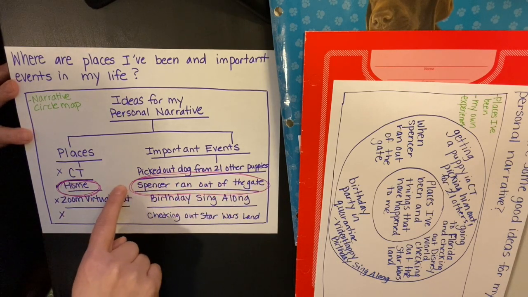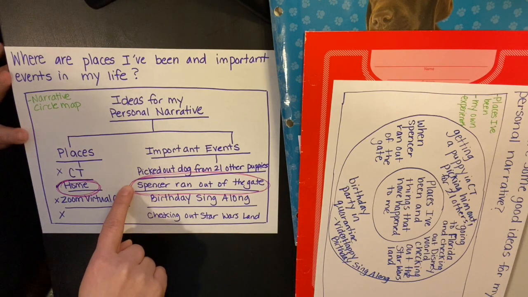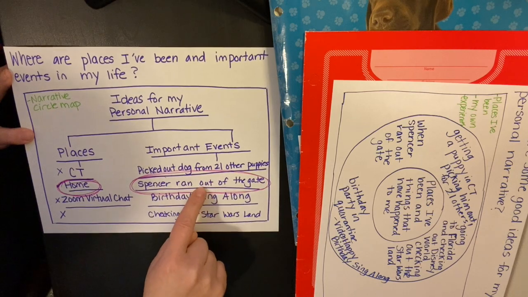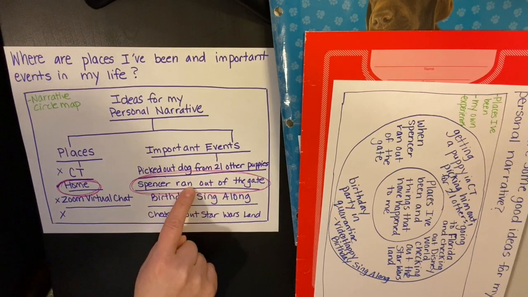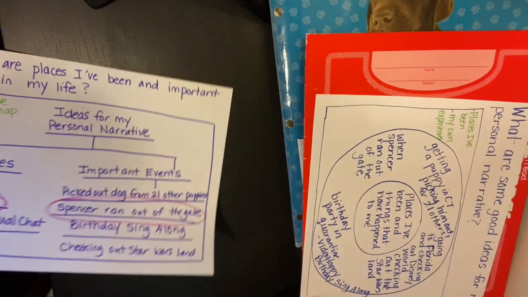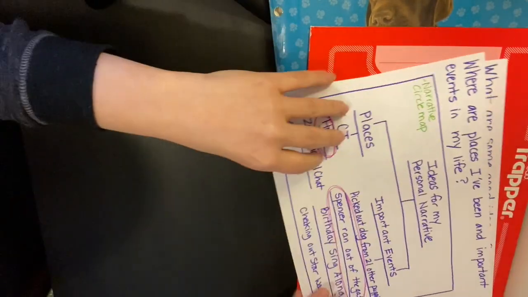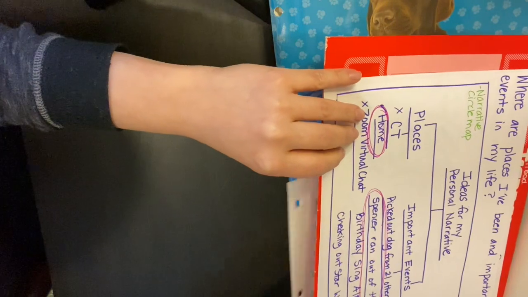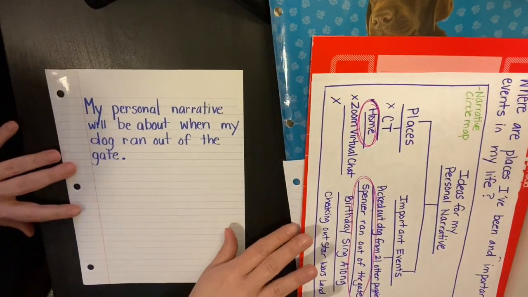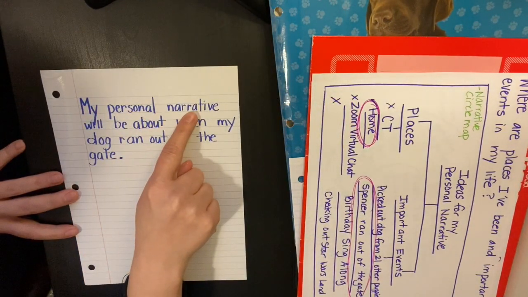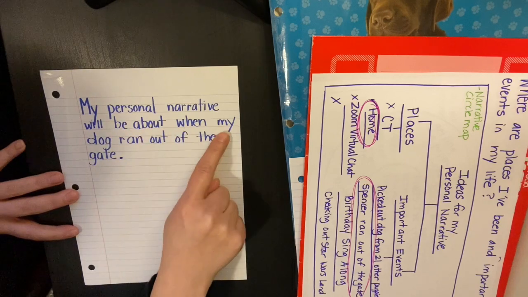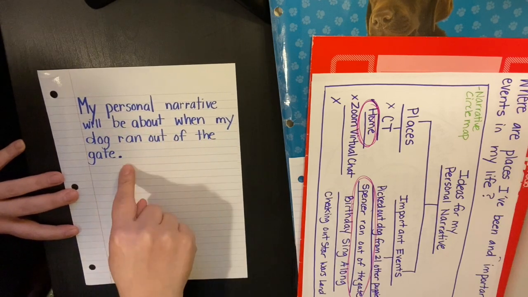That's a really tiny moment in time where I remember opening that door and he ran right out. So that's the memory that I decided to choose to write my narrative about. And then what we needed to do was we needed to tell our teachers what our story choice was. And we wrote that in a complete sentence. My personal narrative will be about when my dog ran out of the gate.